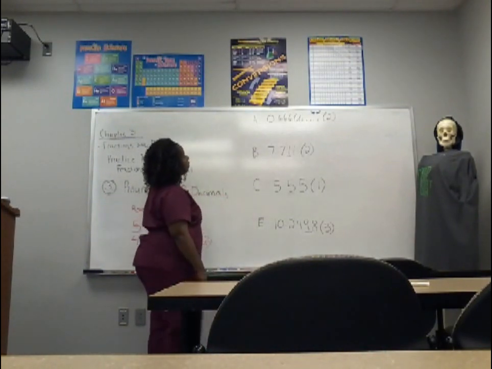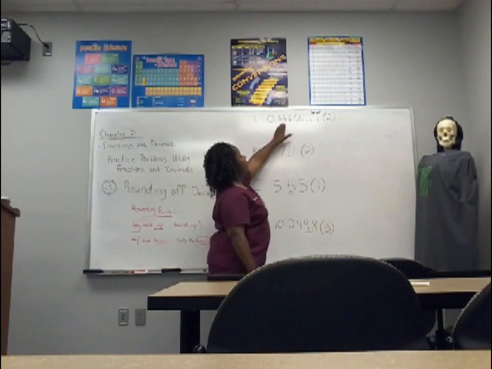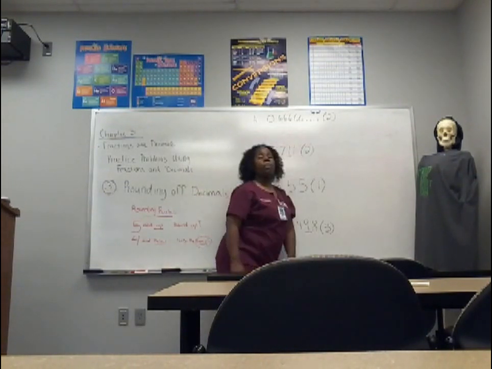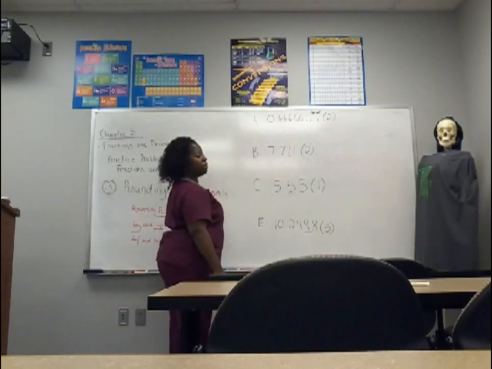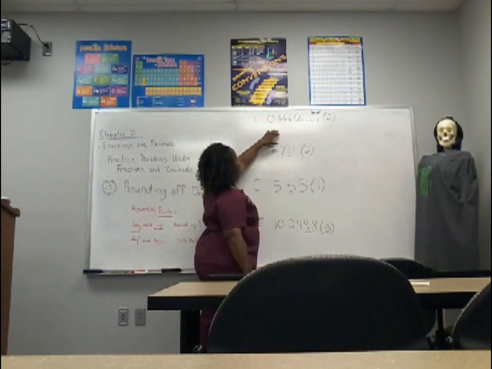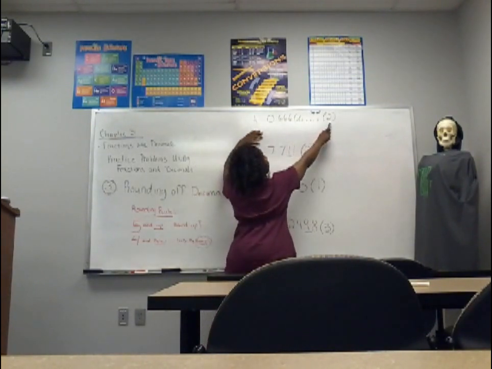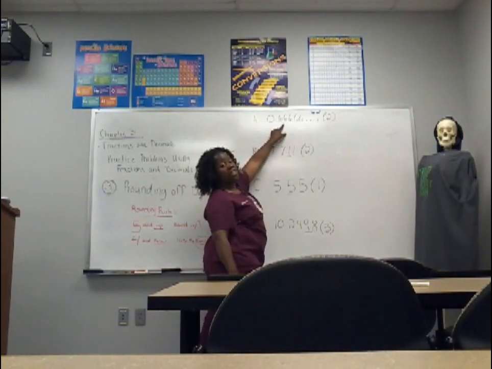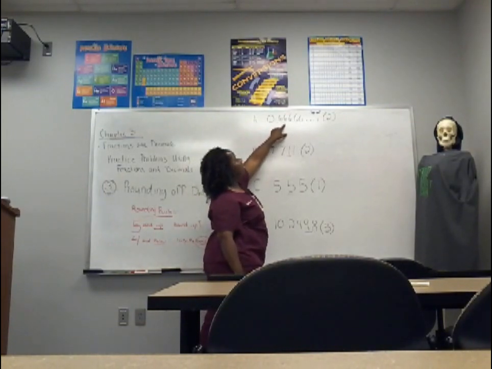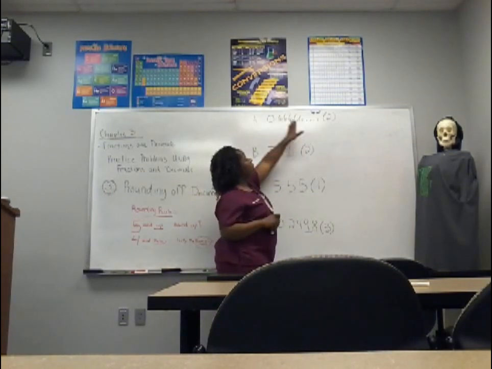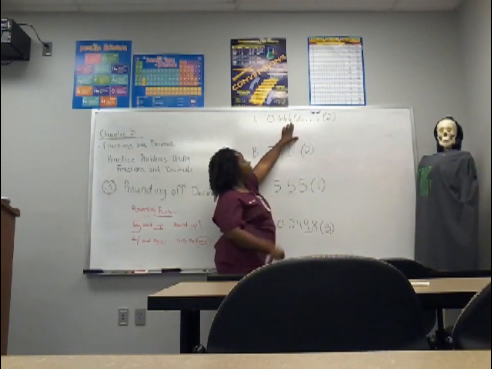So here we go with the problems that's from the book, and even other problems that we will do. For example, A is 0.6666, right? And it keeps repeating. We run into that a few times when we're calculating, or trying to solve problems. In the book it tells us we're just going to round off the second number behind the decimal, which is a 6. So we're going to look at the number that's to the right of it to see whether we round up or round down.